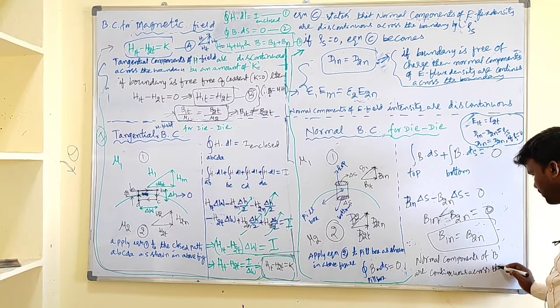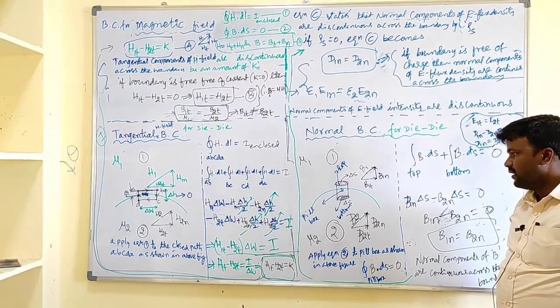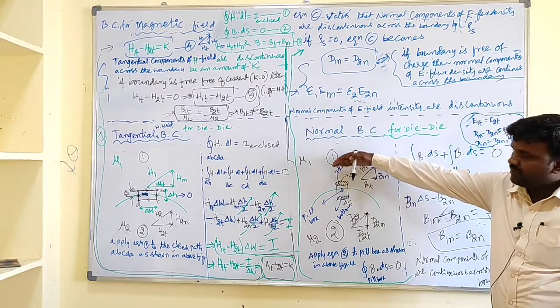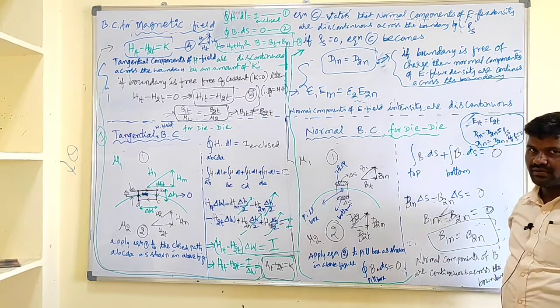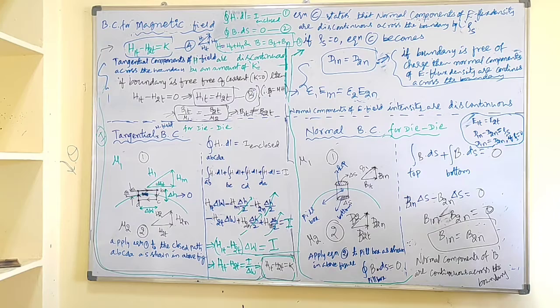If you see the magnetic flux density on either side of the boundary, for the first medium or second medium it is the same. That is B1n equal to B2n.